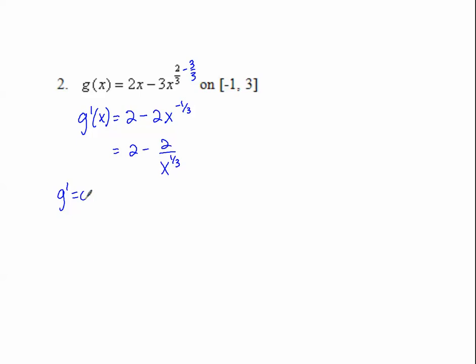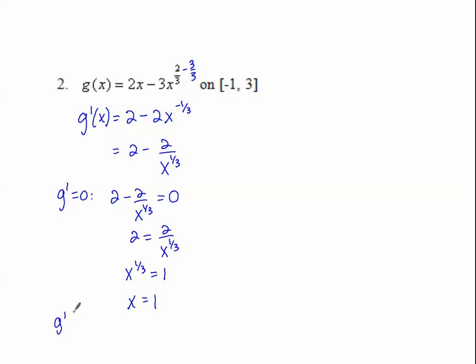So where g prime equals 0, where 2 minus 2 over x to the 1/3 equals 0, is where 2 equals 2 over x to the 1/3. That's where x to the 1/3 equals 1. Multiply by that, divide by 2, cube it, and that's where x equals 1. So there's one critical number. It exists in the function, so it is a critical number.